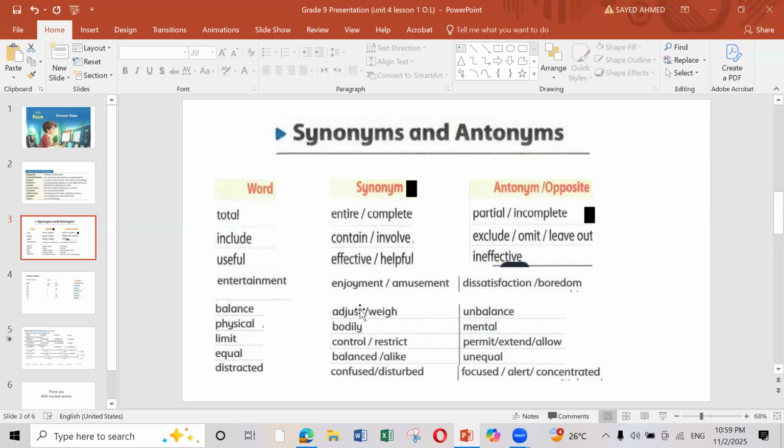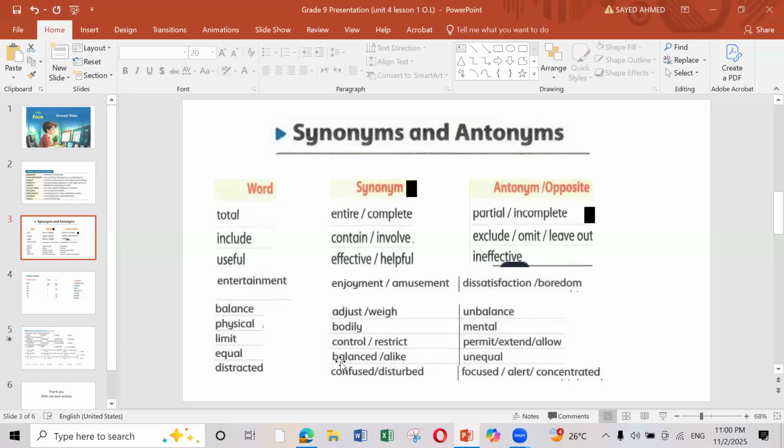Balance means adjust or weigh. The antonym or opposite is unbalance. Physical means bodily, and the antonym is mental. Limit means control or restrict. The antonym is permit or extend or allow.